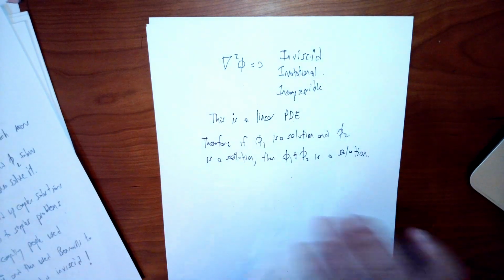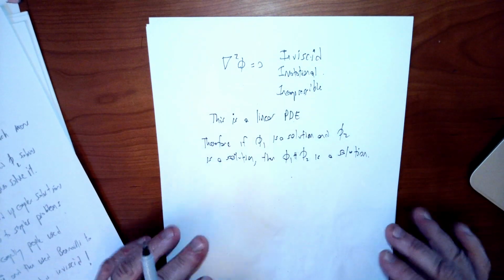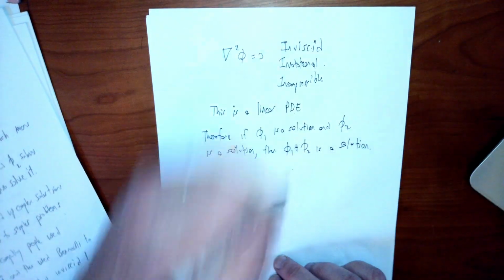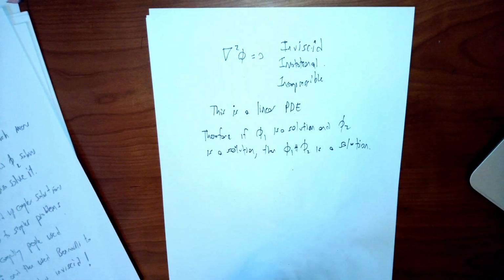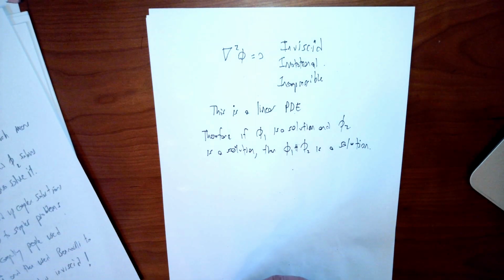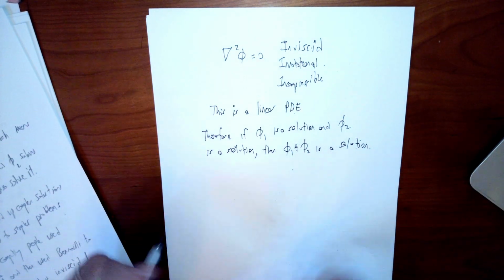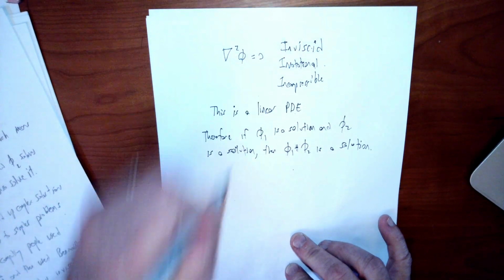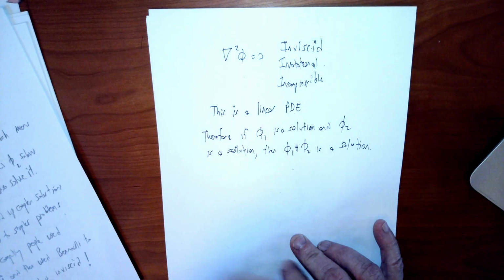And then you add those two solutions and then keep doing that, potentially adding 2, 3, 4, even 5 or more solutions to create a complex solution to a complex flow problem. So basically, by combining solutions to simpler problems, you could build up solutions to very, very complicated problems. This is how people did a lot of fluid mechanics back before computing was available.